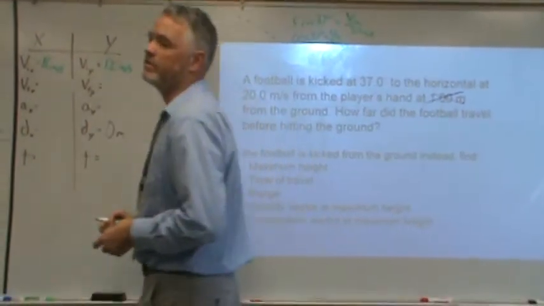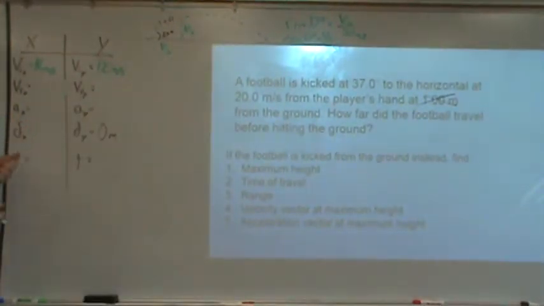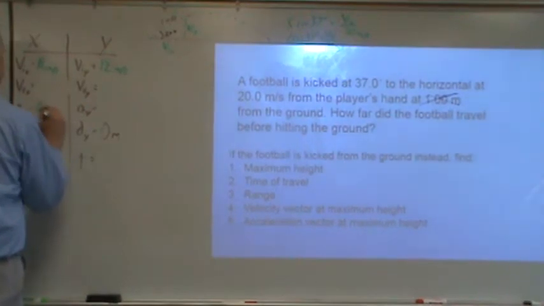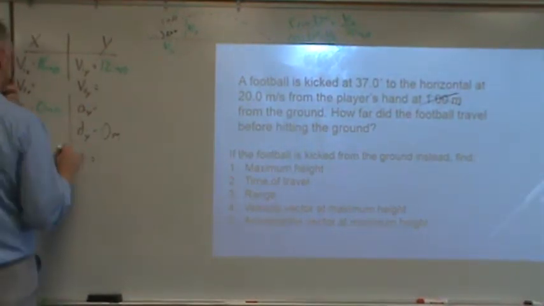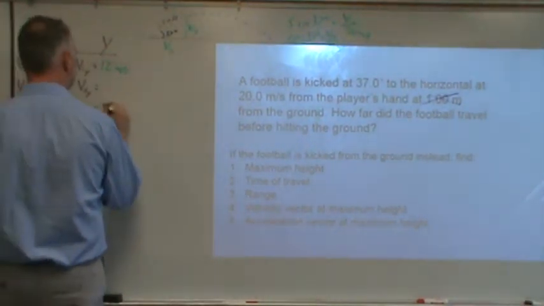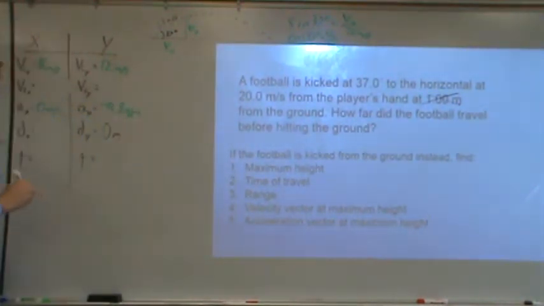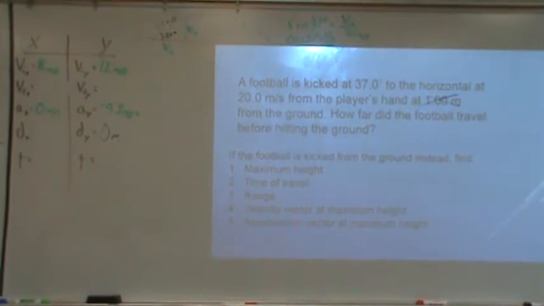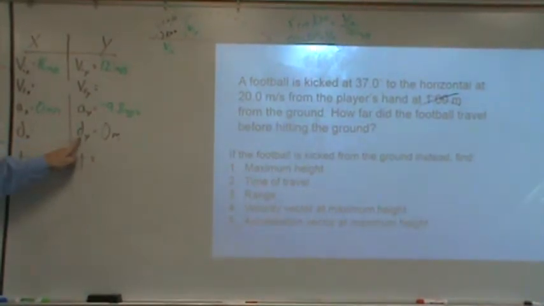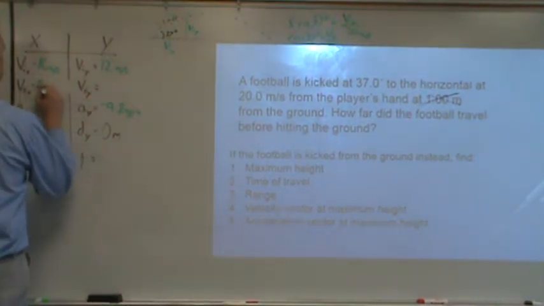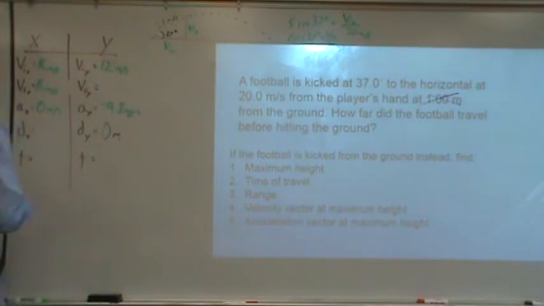Things we already know. Accelerations. What's my acceleration in the x direction? 0. We're discounting air resistance. Acceleration in the y direction, approximately? Negative 9.8 meters per second squared. I have a displacement in the y direction. 0. What's my final velocity in the x direction? 16 meters per second.